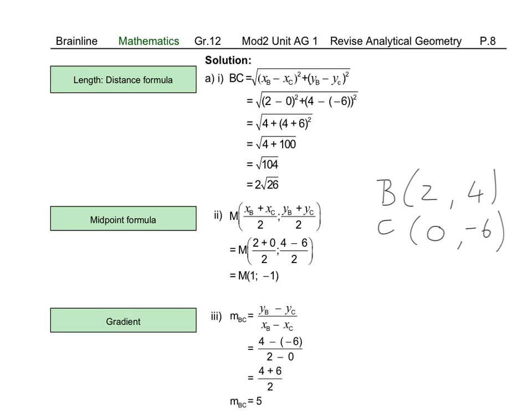We can then also determine the gradient of BC by taking the difference in y values, 4 minus minus 6, divided by the difference in x values, 2 minus 0 below the fraction line. The minus times the minus becomes a plus, and 4 plus 6 is 10, and 2 minus 0 is 2, so 10 divided by 2 gives me a gradient of 5 for BC.